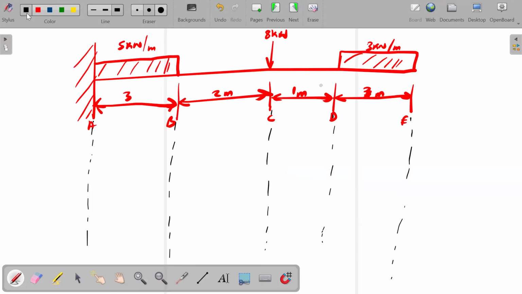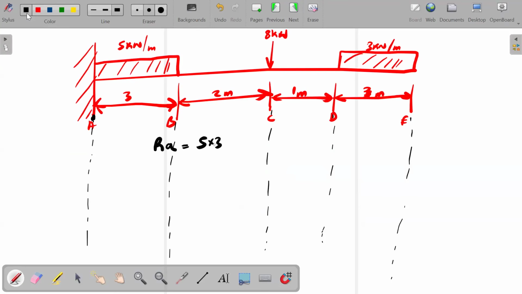Okay. Right. We may want to know RA, the reactionary force here at A, because this is a cantilever beam supported only at this point. So obviously that will be given by 5 multiplied by 3, the distributed load here, 5 kilonewton per meter.